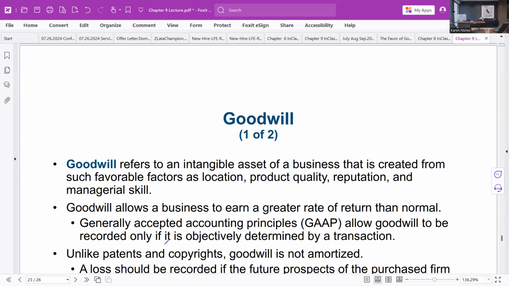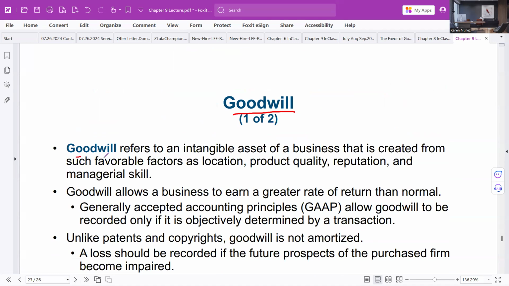The only exception is what we call goodwill. Goodwill is an intangible asset. And what goodwill relates to, technically, is the excess purchase price paid. So, for example, if company A buys company B and they pay an amount that exceeds the value of the company.